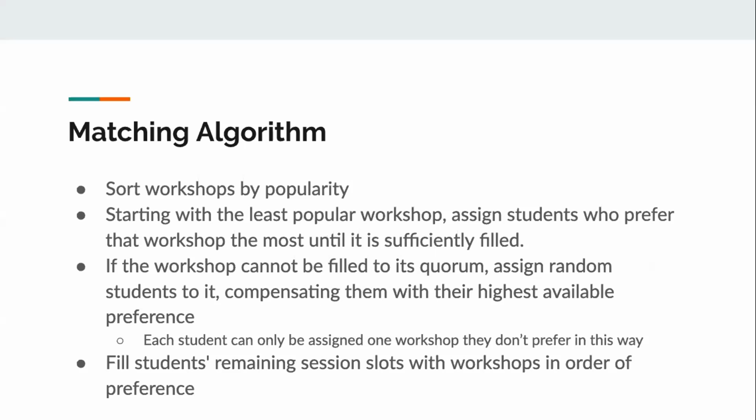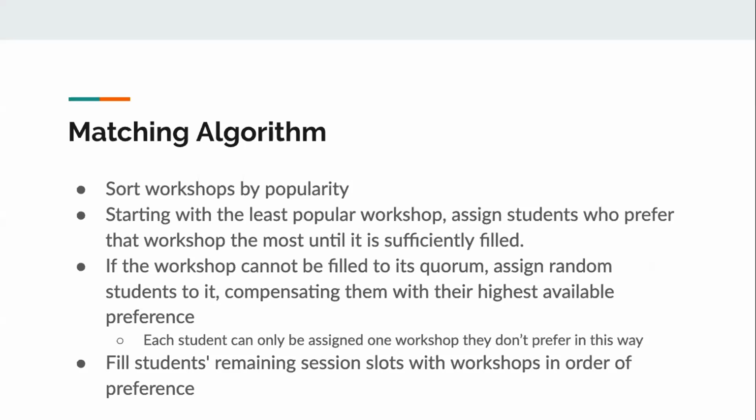So how the matching algorithm works is, first we take our 30 workshops and we sort them by popularity. This goes from least to most popular, so that we can start matching students to the least popular workshops and move up to the most popular ones.